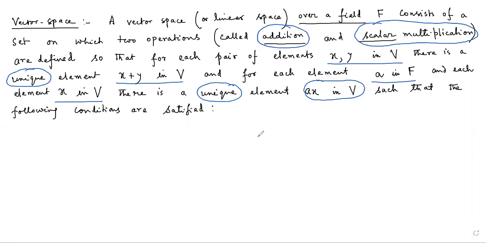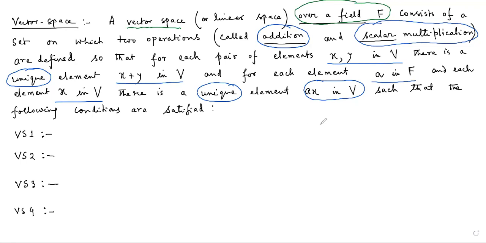And also one important fact is the following: vector space is always defined over a field capital F. I will explain everything, but let me give you the definition first of all, then I'm going to explain each and every point. What does this particular point mean? And the properties, there are in total 8 properties that need to be satisfied. So let us name these properties as VS1, VS2, VS3 and VS4.